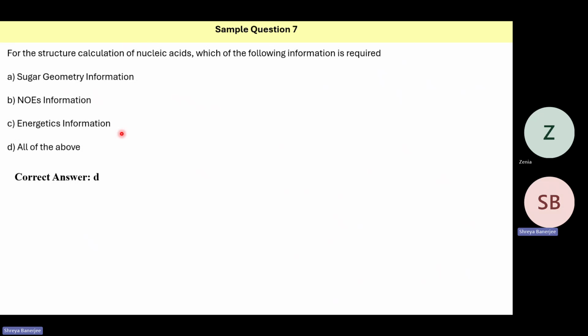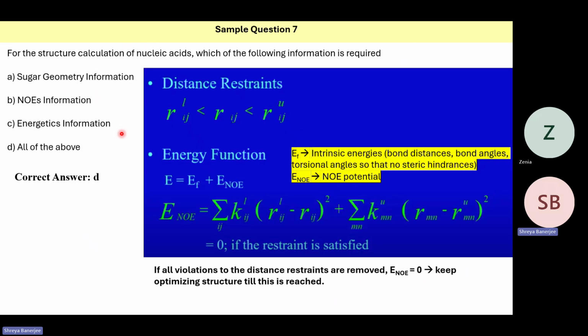So here the answer is all of the above, because when we look at the formula for the structure calculation from the NMR, we have to remember that the energy function which is being minimized includes the intrinsic energy function, which is the energetics information, and the ENOE, that includes the NOE information.